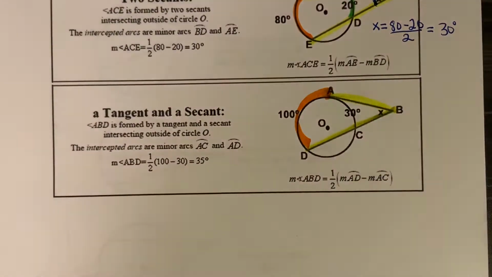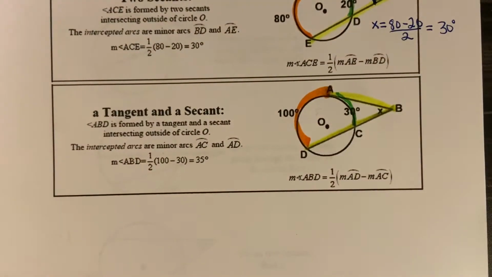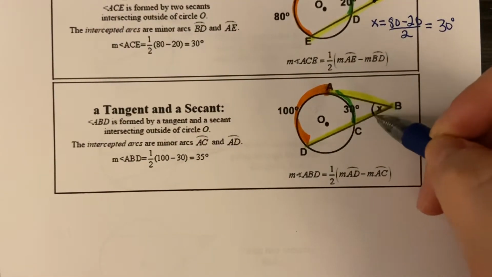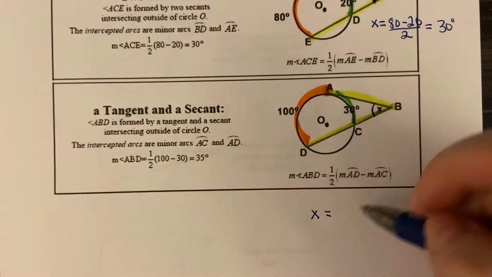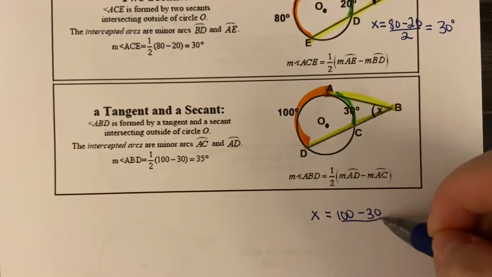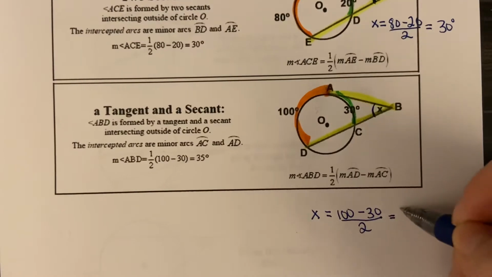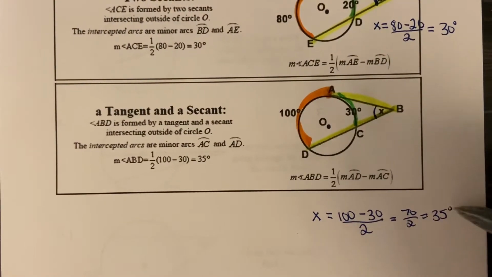And my minor arc is this part that's squished inside. Once you recognize that, this becomes very easy. To get this outside exterior angle, x is equal to 100 minus 30, and then I divide whatever I get by 2. So 100 minus 30 is 70, and 70 over 2 is 35 degrees.